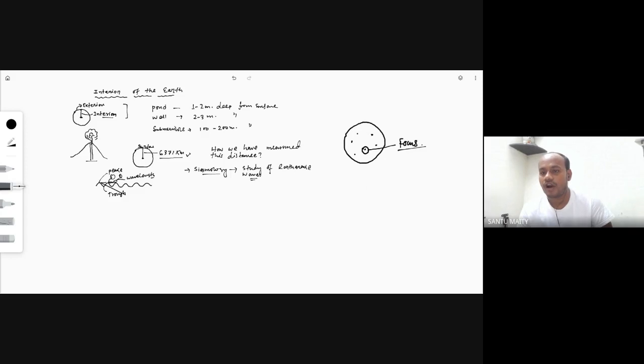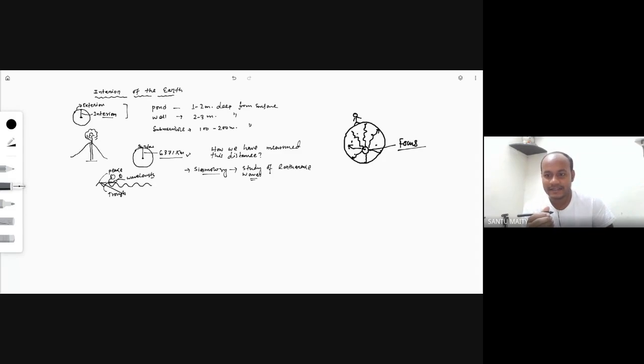Now from this focus of the earthquake, what happens? Multiple waves will originate like this, and they will reach the earth surface in every direction. When they reach the surface, we, human beings or animals standing on the surface, will feel the vibration.